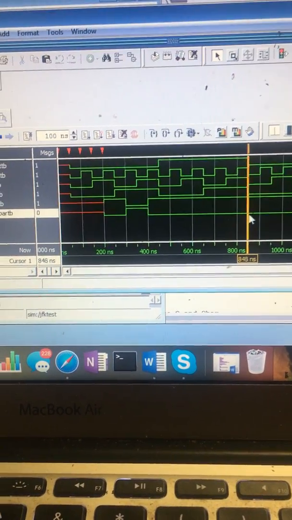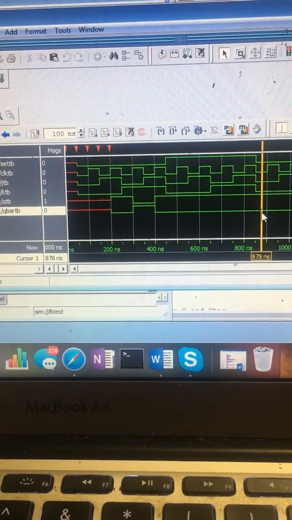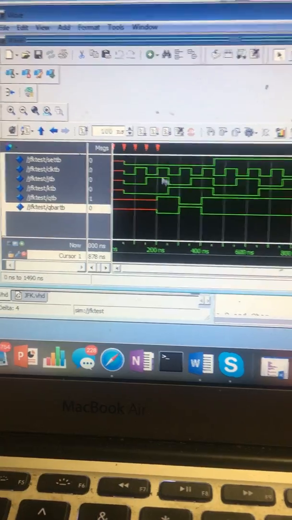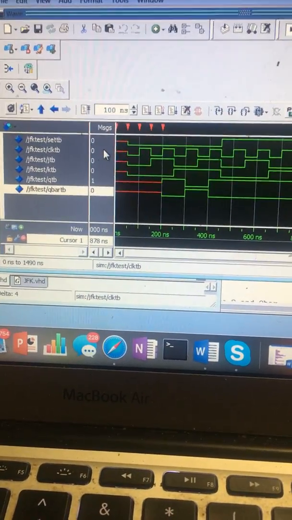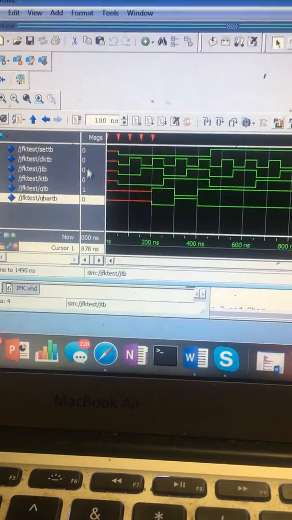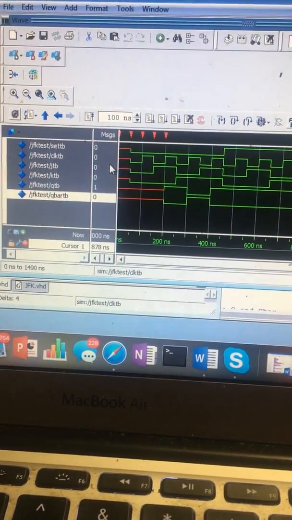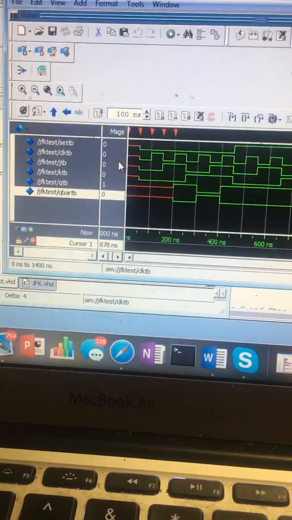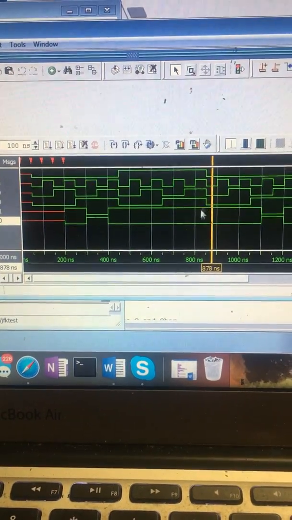If we want to look at one more input combination, when set is off, the clock is off, and J and K are both off, it doesn't matter because clock is off, so it should hold, which it does here.